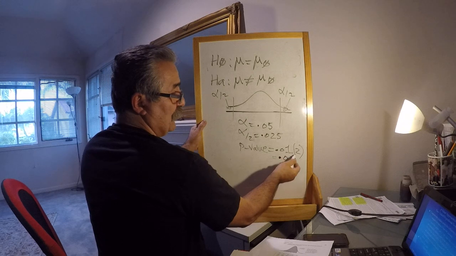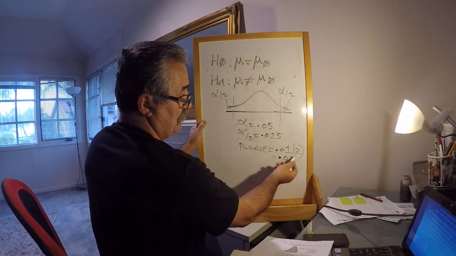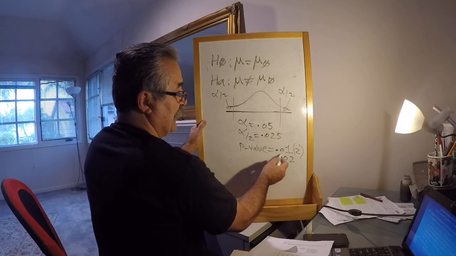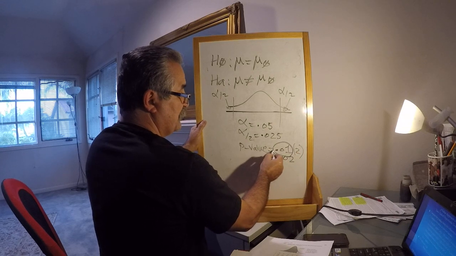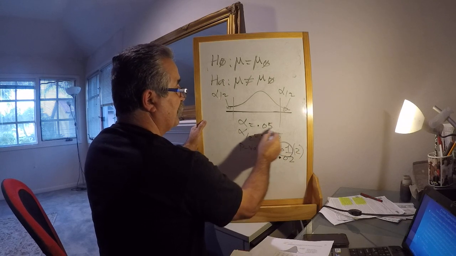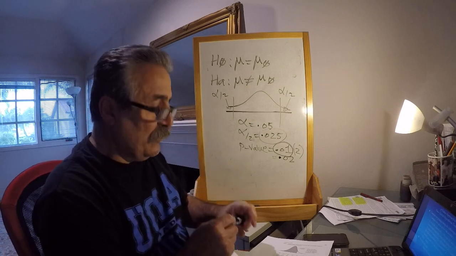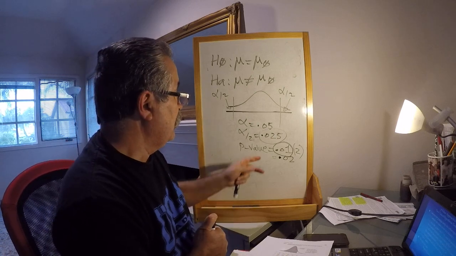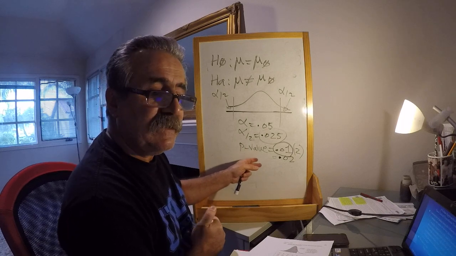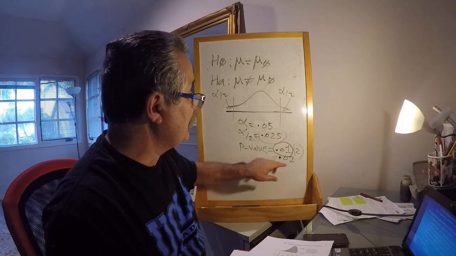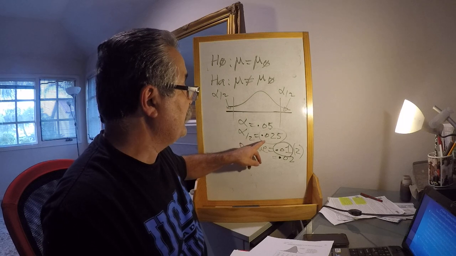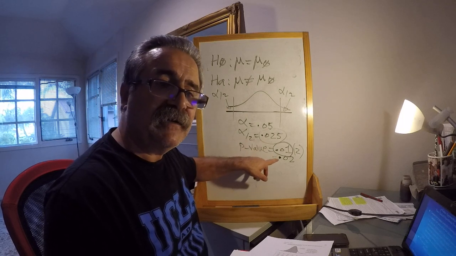Or, if you don't want to multiply this by 2, then you compare the p-value against half of the alpha. And that way, you will decide whether to accept or reject just by half of the alpha against the p-value.